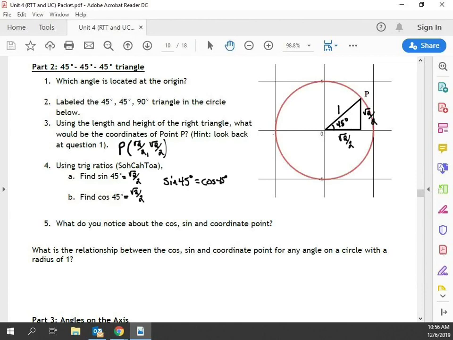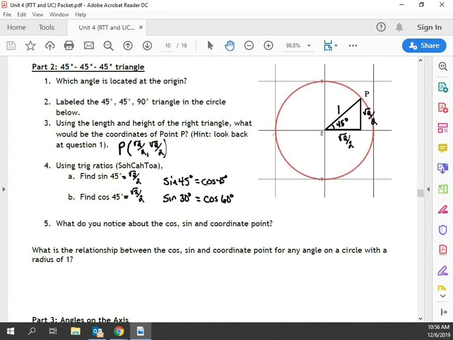Let me show you something else we need to establish. We didn't do it earlier. What do you notice about the sum of 30 and 60? What does that add up to? 90. Which means the sine of 30 is equal to the cosine of 60. What's it called when two angles add up to 90?